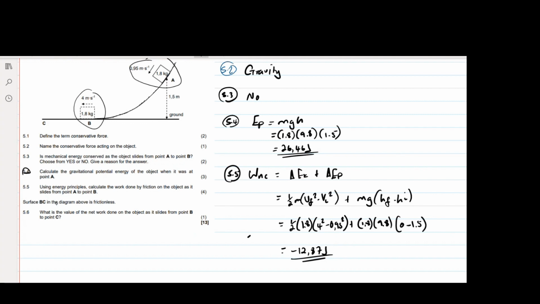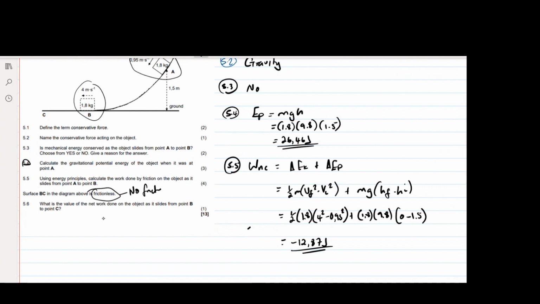Then they say surface BC in the diagram above is frictionless. When they say frictionless, it means there is no friction. They ask what is the value of the net work done on the object as it slides from point A to point C. We must draw the free-body diagram to explain it. There's the force of gravity and the normal force. Now there is no friction, so I don't have a force there.